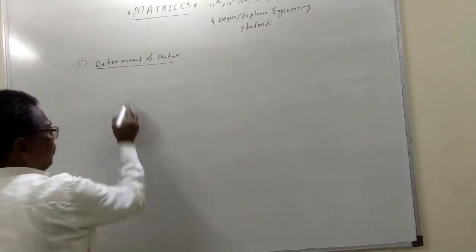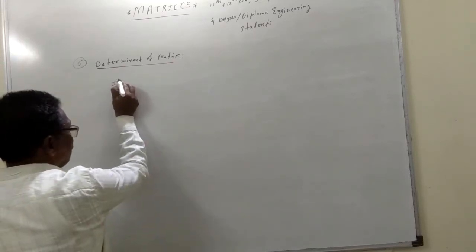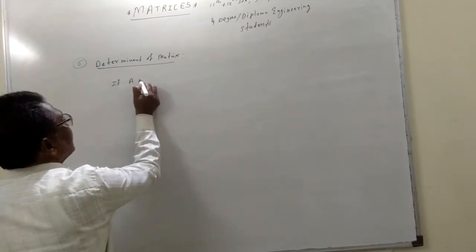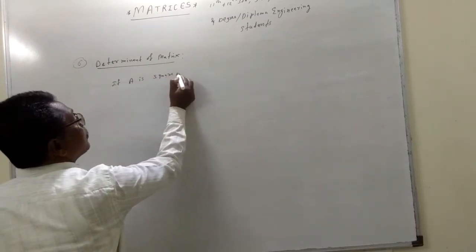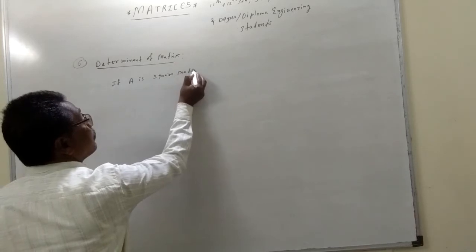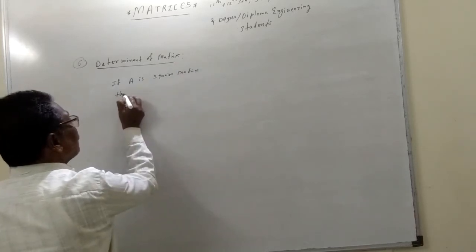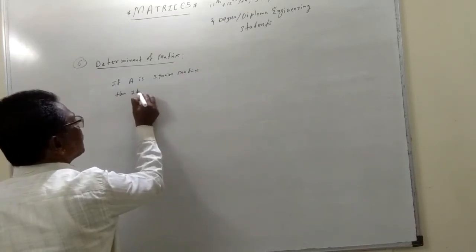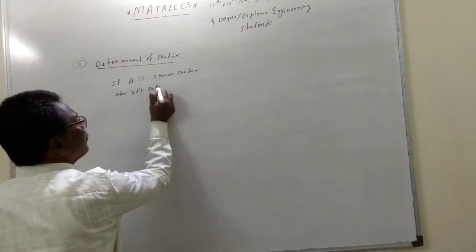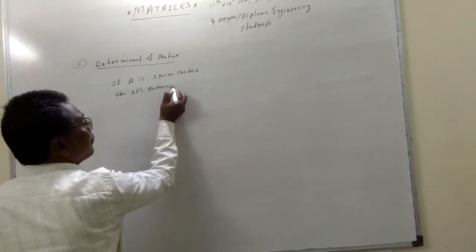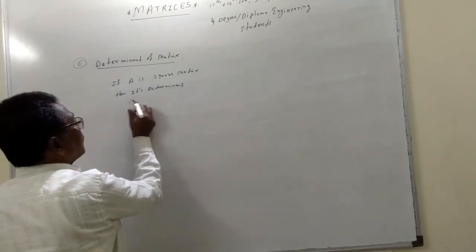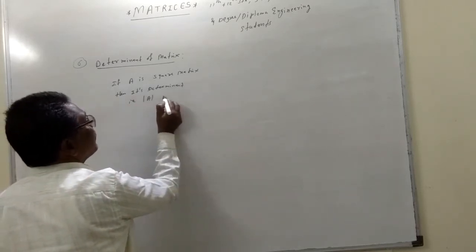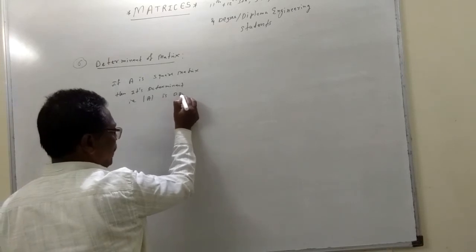So determinant of matrix means what? If A is a square matrix, then its determinant, that is determinant A, is the determinant of the matrix.